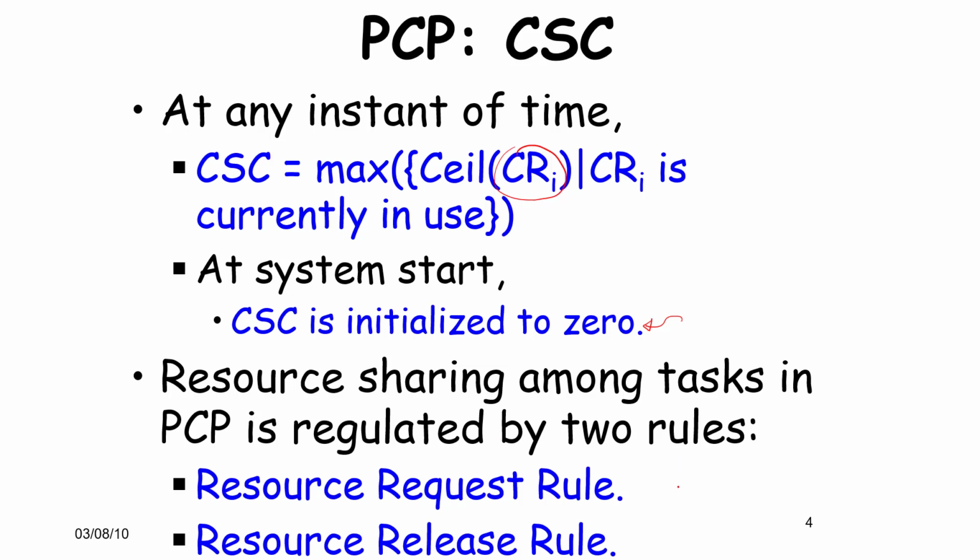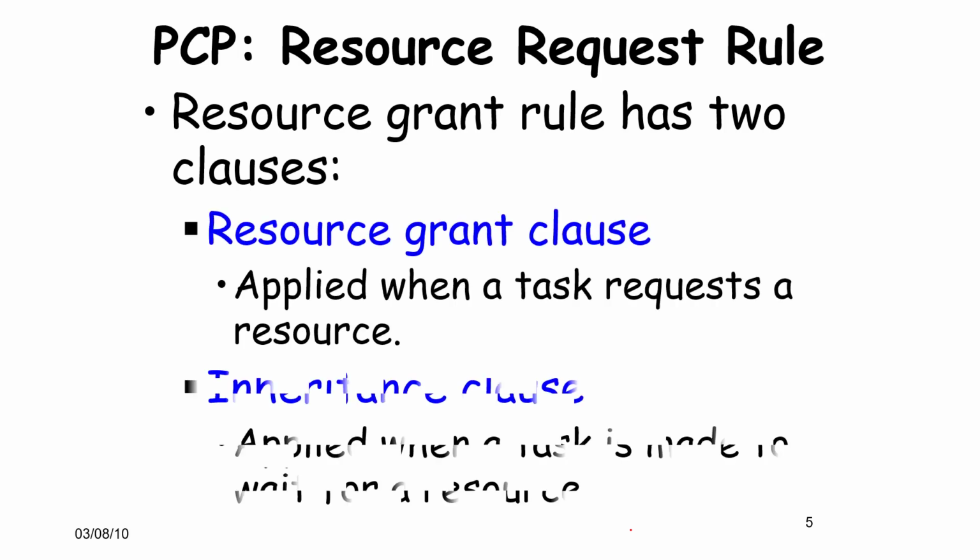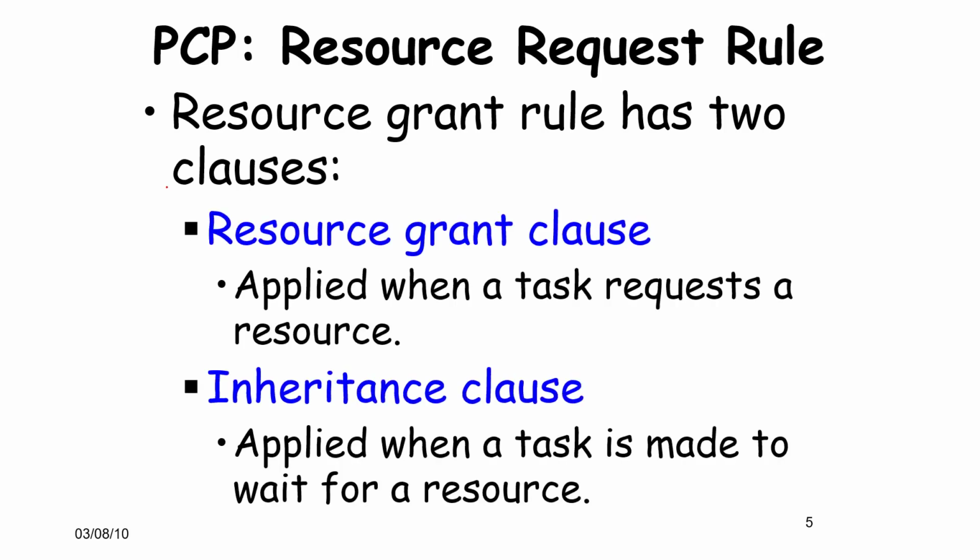There are two rules that regulate the protocol. The first is the resource request rule, and the second is the resource release rule. The resource request rule again has two sub rules: the resource grant clause and the inheritance clause. The resource grant clause is applied when a task requests a resource.